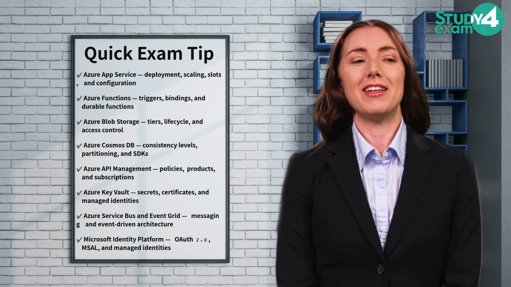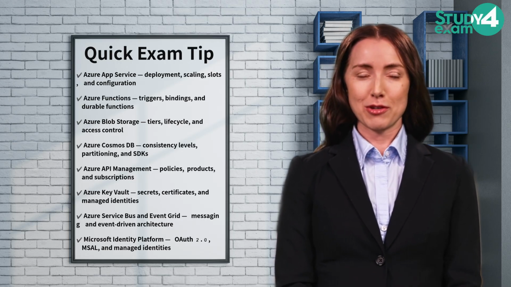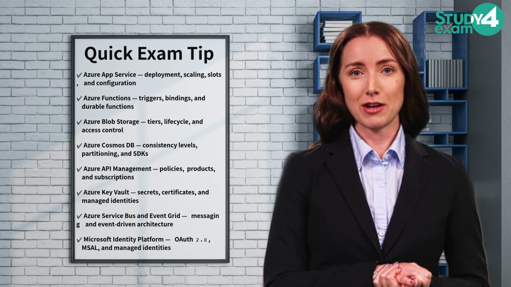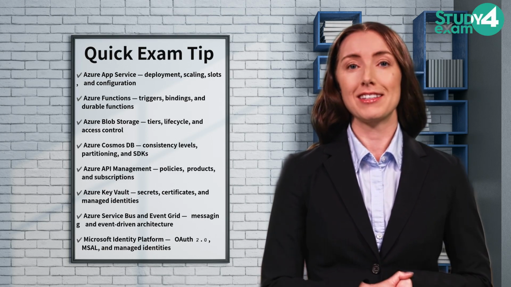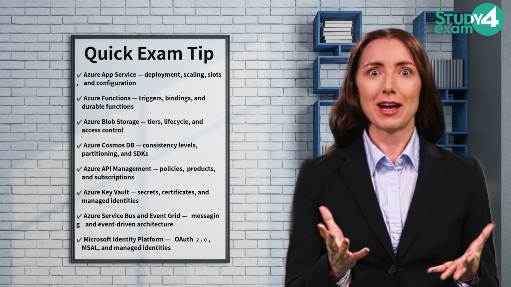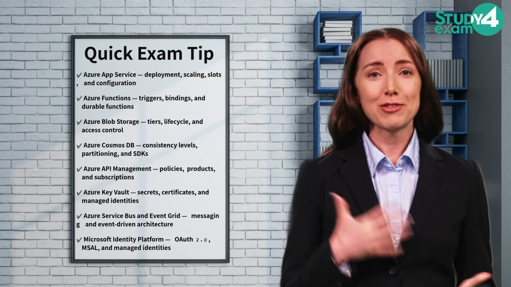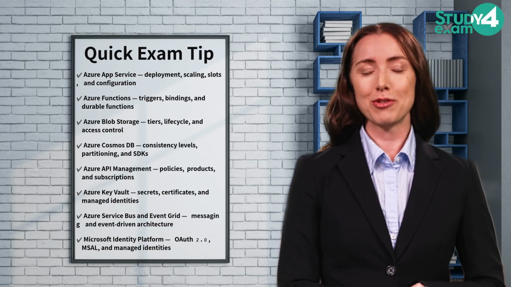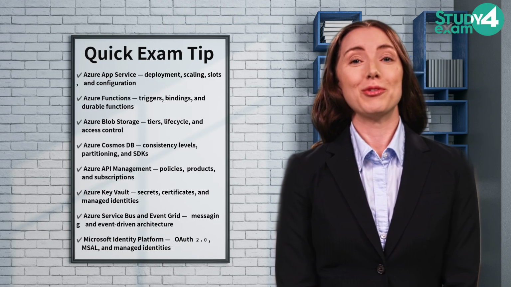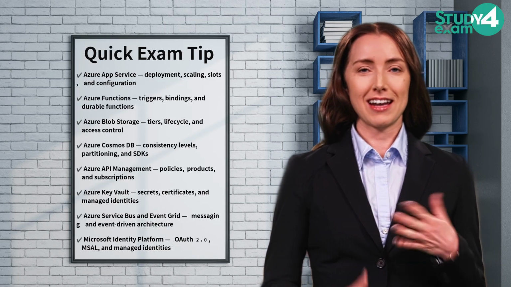Quick exam tip 1. An important thing about the AZ-204 exam is that it tests hands-on developer knowledge. Make sure you clearly understand these key topics. Azure App Service: deployment, scaling, slots, and configuration. Azure Functions: triggers, bindings, and durable functions. Azure Blob Storage: tiers, lifecycle, and access control.